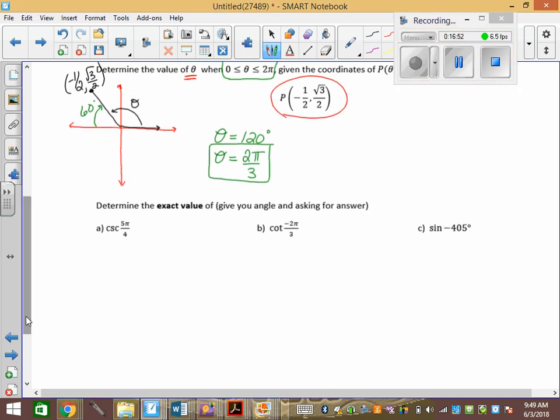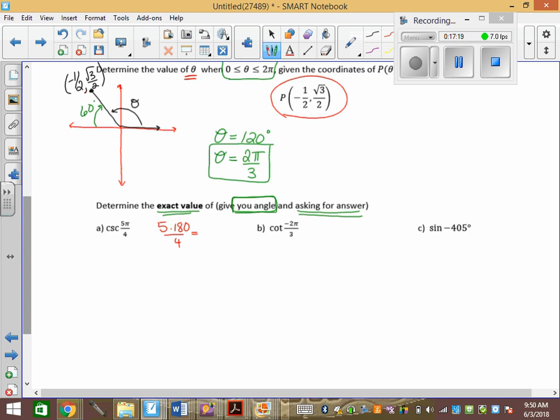This one wants us to determine the exact value. Exact value usually is a hint that you can pull stuff off of the unit circle. I'm giving you an angle, so I'm asking you for the answer. So off the outside of the unit circle, I'm giving you an angle on the inside of the unit circle. So 5 pi over 4, if it makes it easier for you, you can convert to degrees.